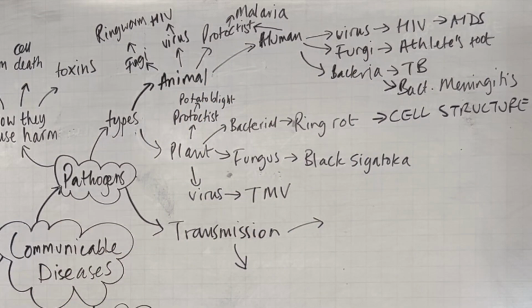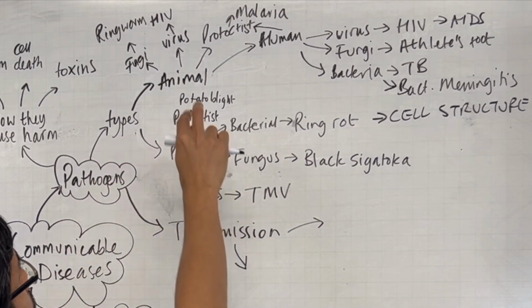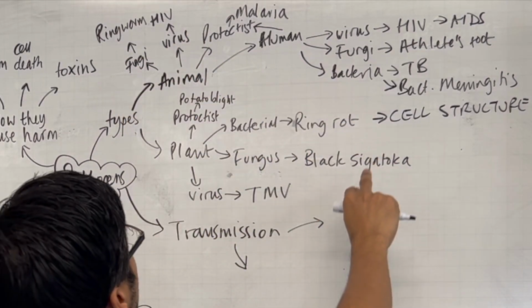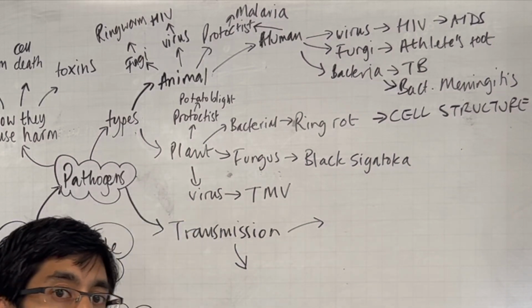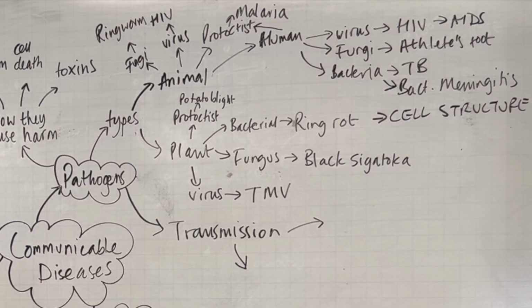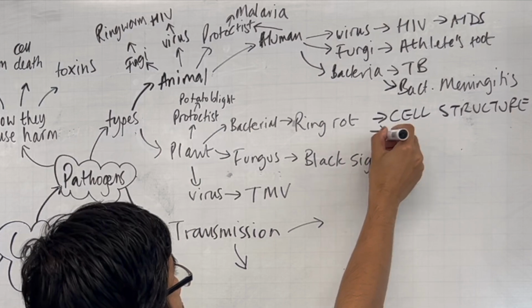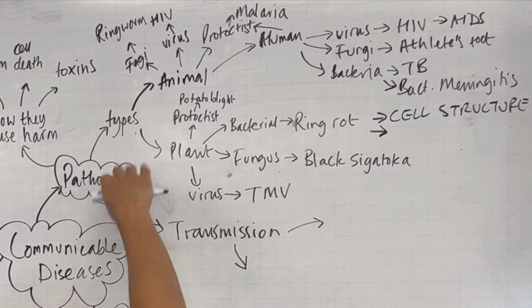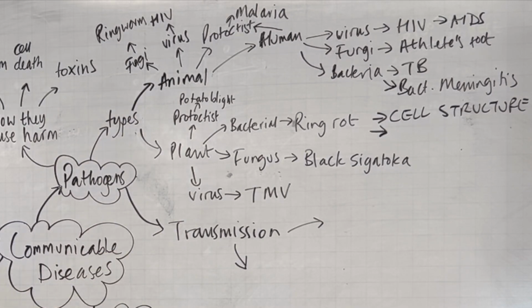One is cell structure, because you're looking at protoctists, you're looking at fungi, and bacteria, which are cell-based organisms. So you would need to be aware of what features they have. Again, be aware of which organelles and structures you would expect to be present in a fungi versus a protoctist versus a bacterium.